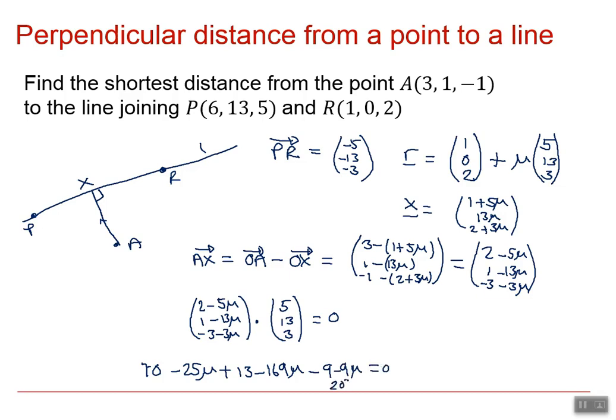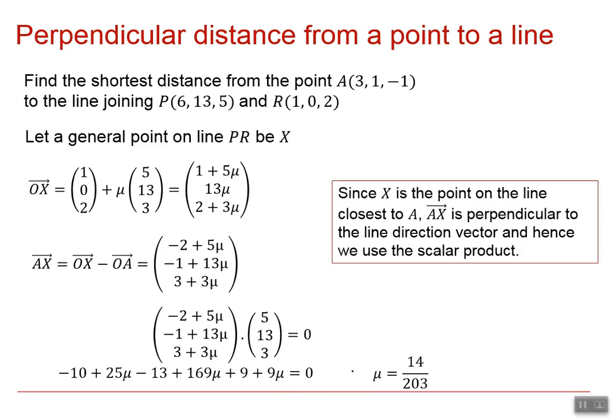And when we simplify all of this, we get 203mu = 14. So that tells us that mu is 14 over 203. Obviously we haven't finished yet, we haven't found the distance, but what we've done now is find out enough that we can at least find the location of this point X. So this is the first stage of the working out.